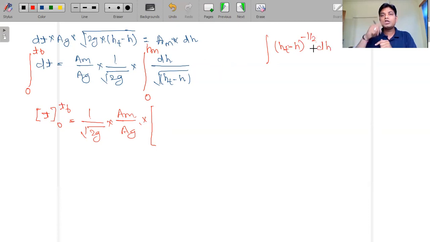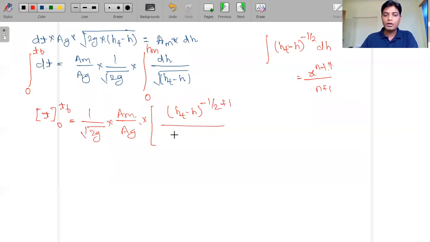The integration of x to the power n equals x to the power n plus 1 upon n plus 1. So this is (ht minus h) raised to minus 1 by 2 plus 1, upon minus 1 by 2 plus 1. But this is not x, this is a minus x.